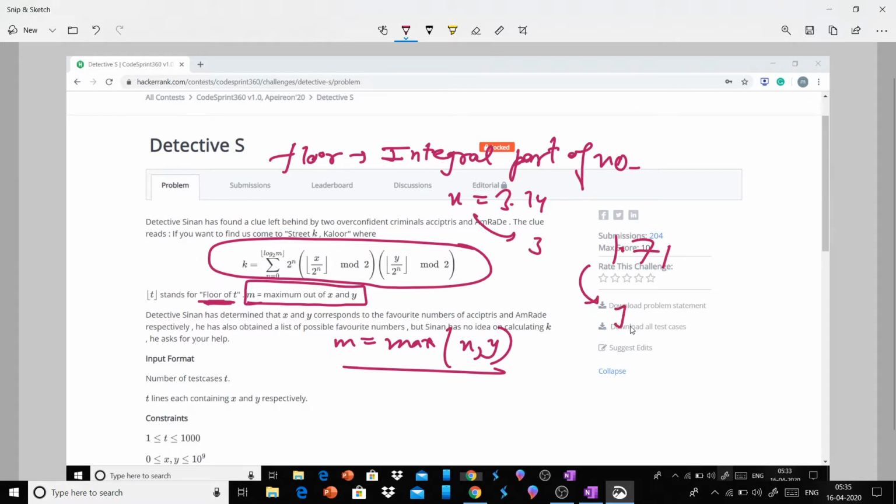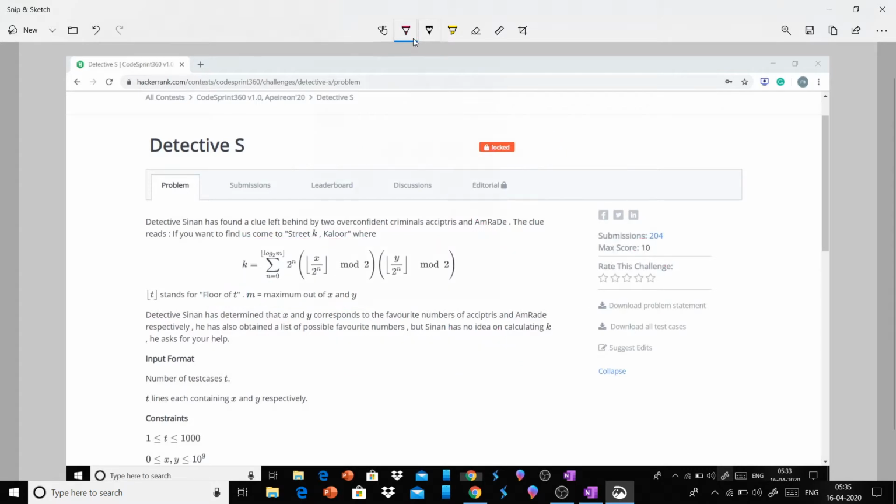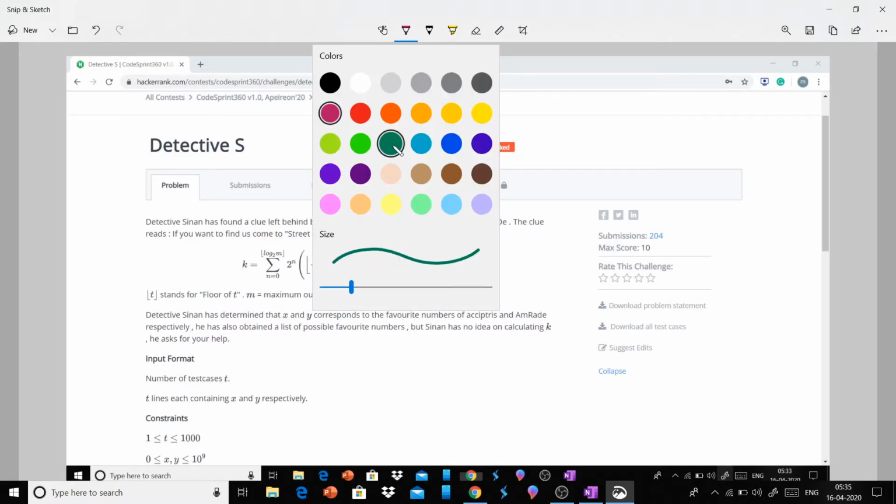It can be related to the step graph, which you must have studied in 11th to 12th. Let me draw it once again. What is the step graph?